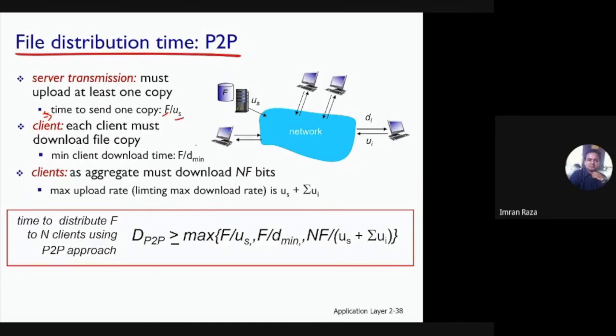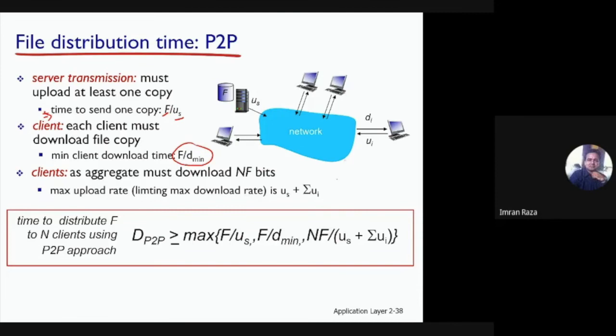And we are also familiar with this time, the minimum time required to download a copy of the same file by a client. But if all these clients are taking part and sharing the copy of the same file, then what is happening?